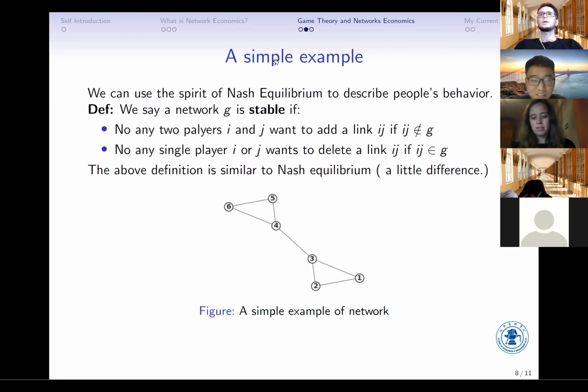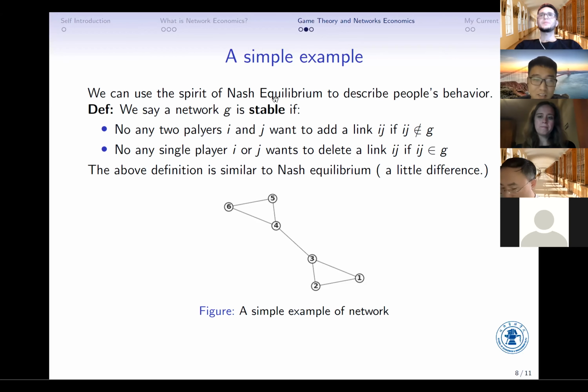You mean this definition of stability? Yes. Definition of stability of the network. Is it classical, right, or not? Yes. This definition is from a classical textbook called Social and Economic Networks, which is written by Matthew Jackson.